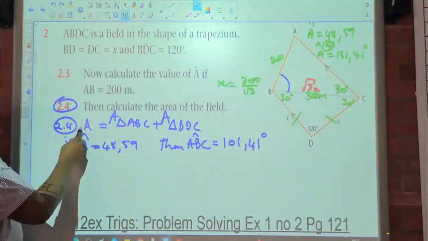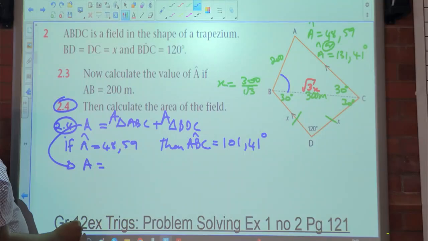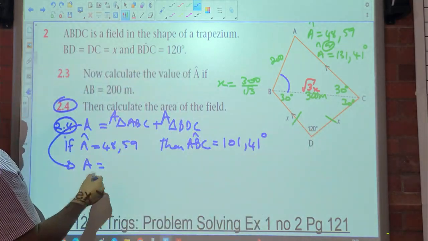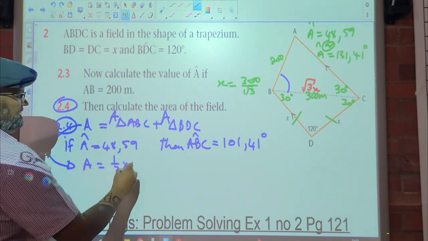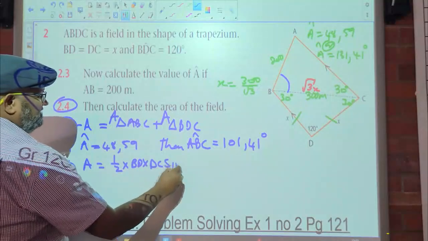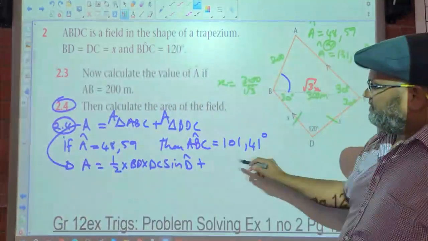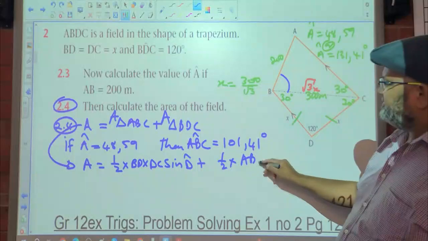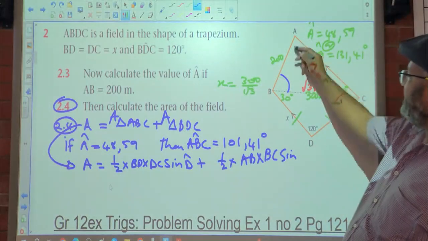So now I'm going with this area formula. Area is equal to, using two lengths and an included angle, half BD times DC sine of angle D, plus, for this triangle here, half AB times BC sine of angle ABC.